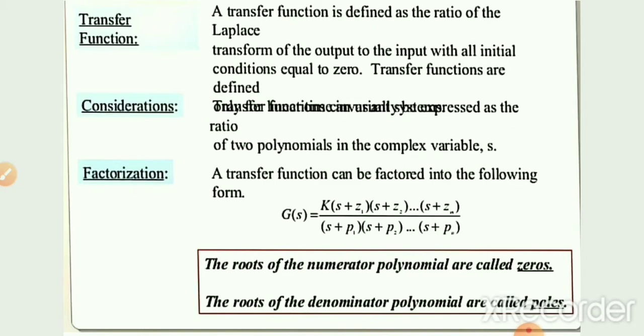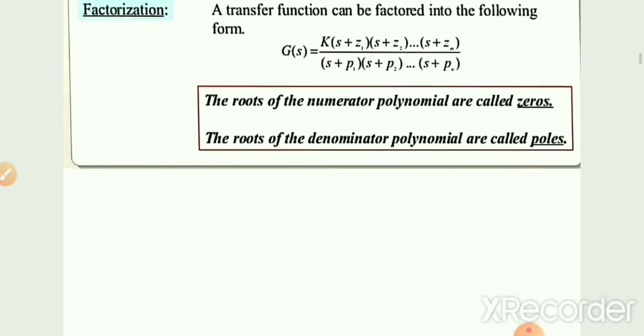When we factorize this transfer function, G(s) equals K (s plus z1)(s plus z2) and so on up to (s plus zn), upon (s plus p1)(s plus p2) and so on up to (s plus pn). Here the roots of the numerator polynomial are called the zeros and the roots of the denominator polynomial are called the poles.